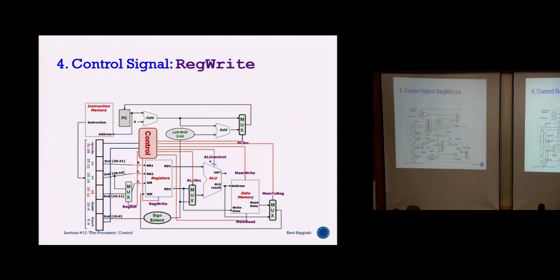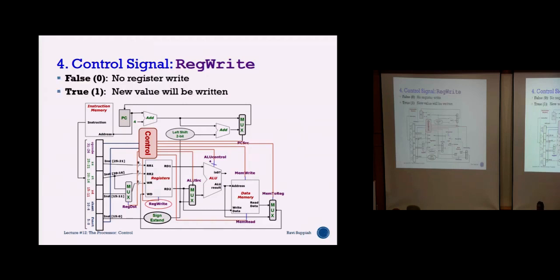Register write is just a single bit to tell us whether we want to write to the register or not. Why do we need this bit? Because there will always be something here. There can always be something there, which could be the data from the previous instruction, or could be some random value which we do not know.